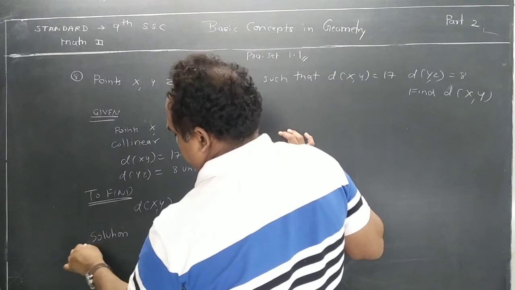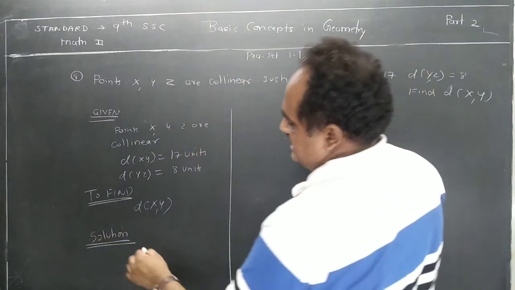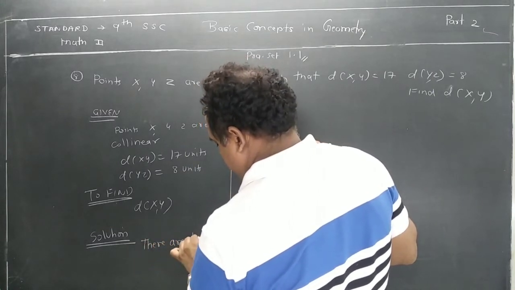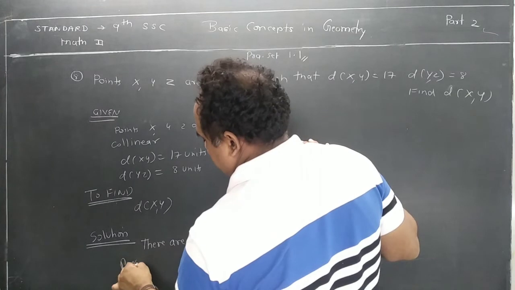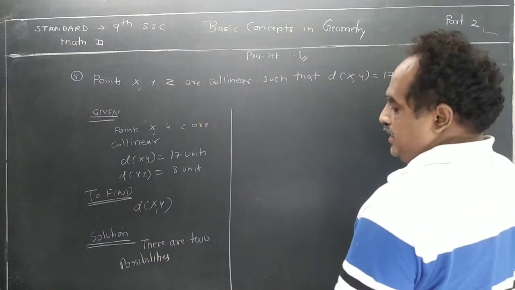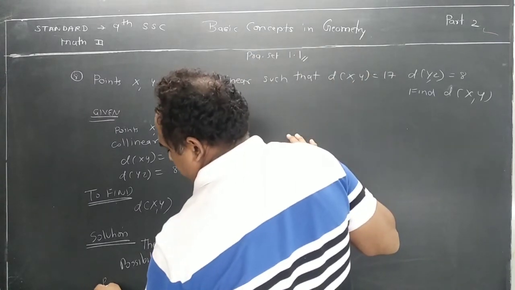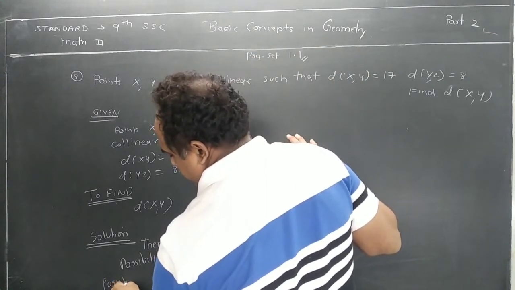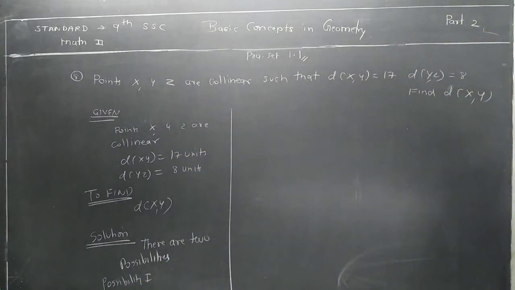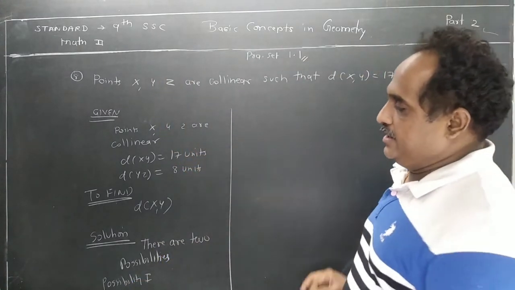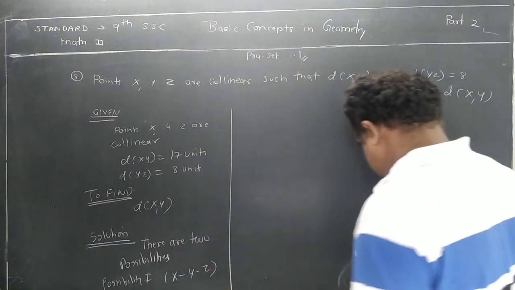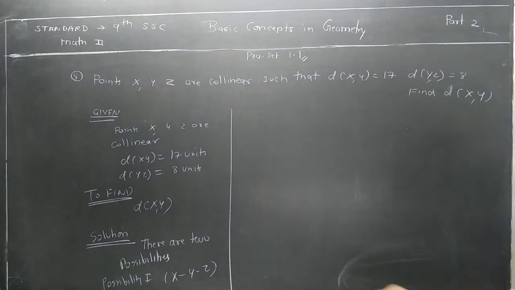Okay, so what are you going to write over here? Solution. There are two possibilities. Possibility 1. What are the possibilities? We can combine X, Y and Z. So we'll draw the figure over here now.